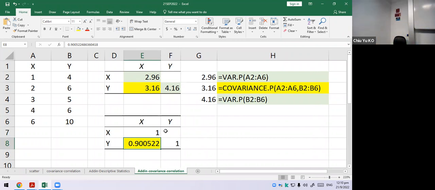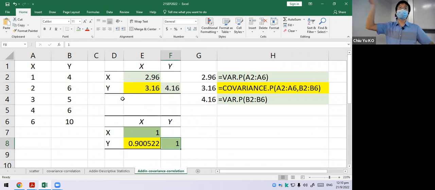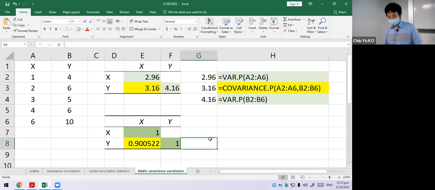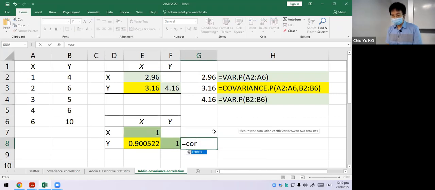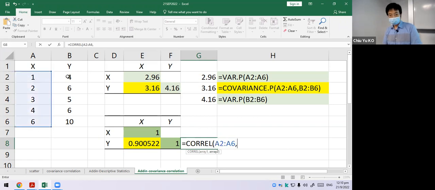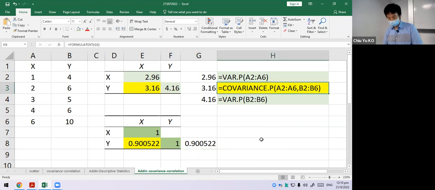You probably want to ask what the green thing is, but that shouldn't surprise you. The correlation of a variable with itself must be 1, because you're plotting a straight line. Just to make sure you understand what's going on here, if I do correlation of X and Y, it gives you this.